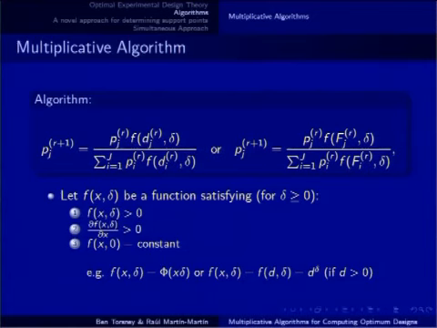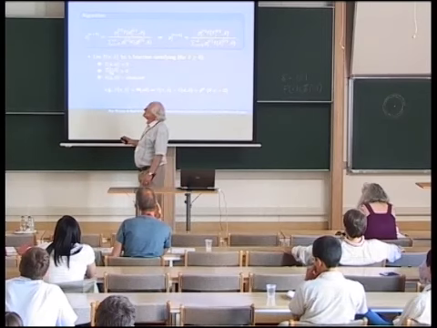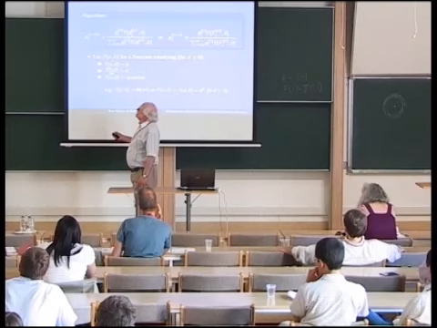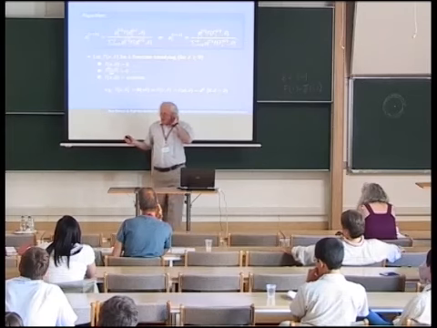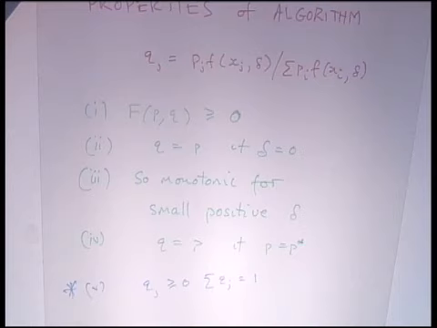The directional derivative from p to q is positive. Q would be equal to p if delta is equal to 0, and these two together would suggest that the algorithm would be monotonic for small positive delta. This first condition on its own doesn't guarantee monotonicity. We may go too far in traveling from p to q. If we're at the optimum or a local optimum, then there will be no change. So, some key properties.